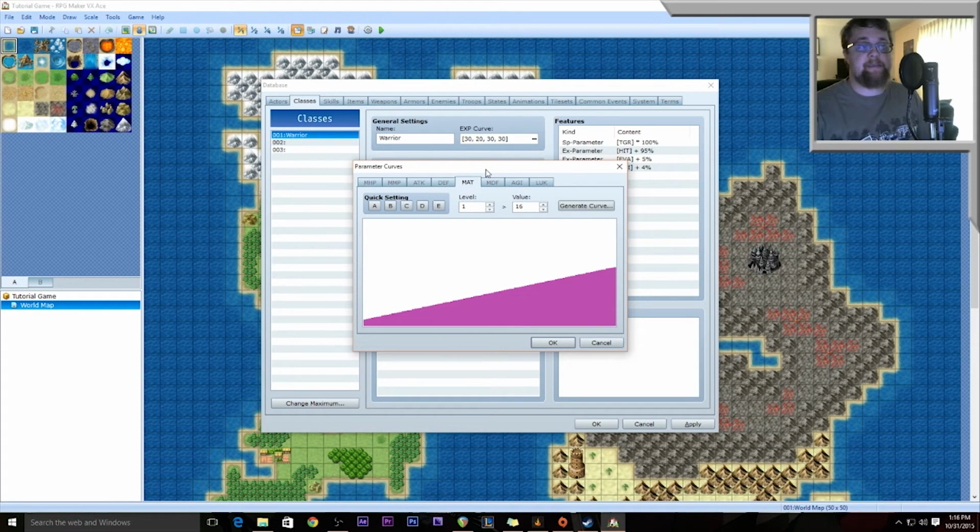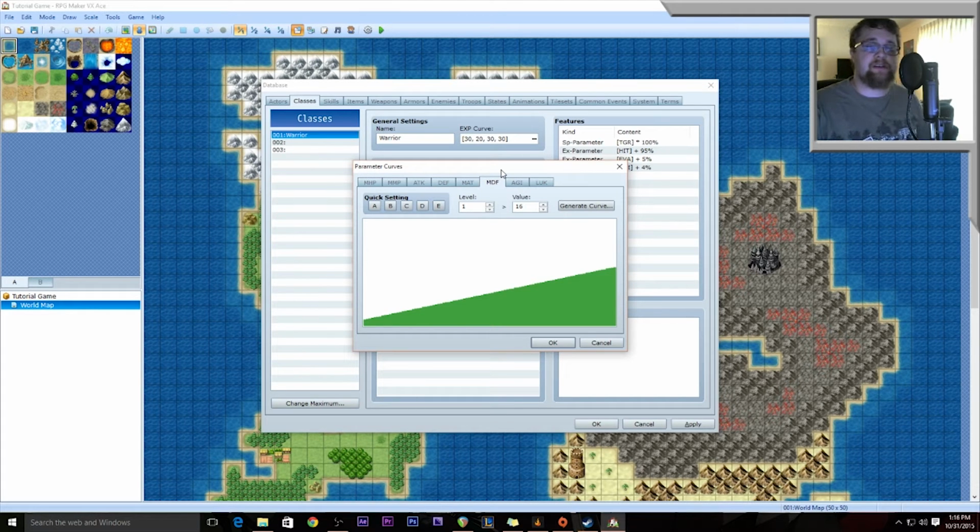Then you have MAT, which is your magic attack. This is just like attack, except it is specifically for magic and special abilities. So a caster, a healer, will have a much higher MAT setting than any of the others. Just keep that in mind. You also have MDF. This is for magic damage what defense is for physical damage.